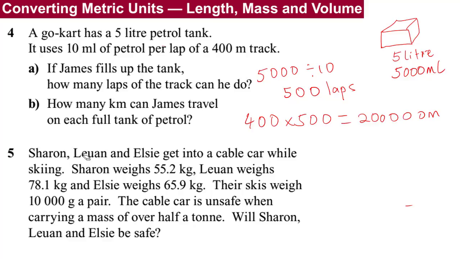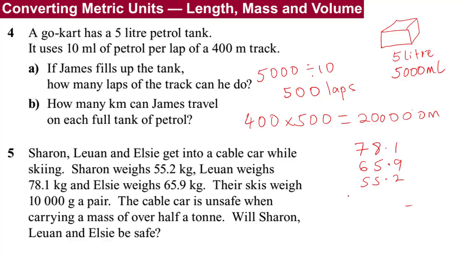Right. So Sharon, Louis, and Elsie get into a cable car while skiing. Sharon weighs that, Louis weighs that, and Elsie weighs that. So the first thing I'm going to need to do is to add their weights up. So I've got 55, I've got 77, 78.1. You're going to need to add 65.9. And then we need to add 55.2.